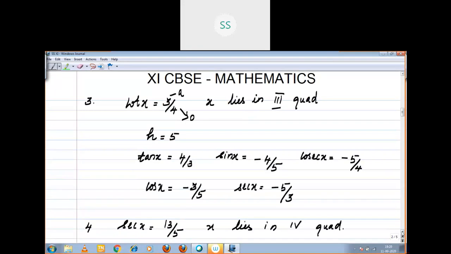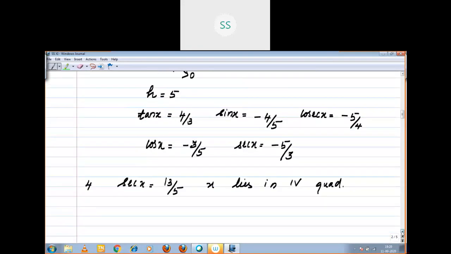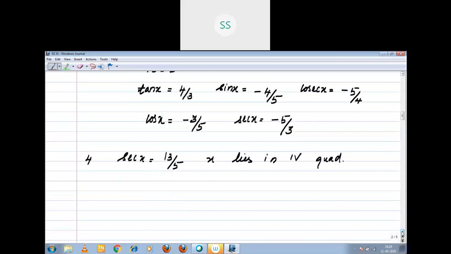Okay. Fourth quadrant means which trigonometry functions are positive? Secant and cos. Once again, which functions are positive? Secant and cos. Right. This is your hypotenuse. This is your adjacent. What is cos?